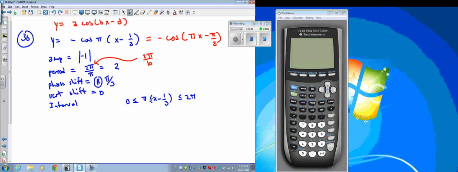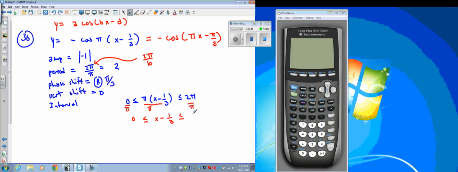So then what you do is divide by pi, divide this by pi, this by pi. Now it's not coming out quite right. So it's 0 less than or equal to x minus 1/3.